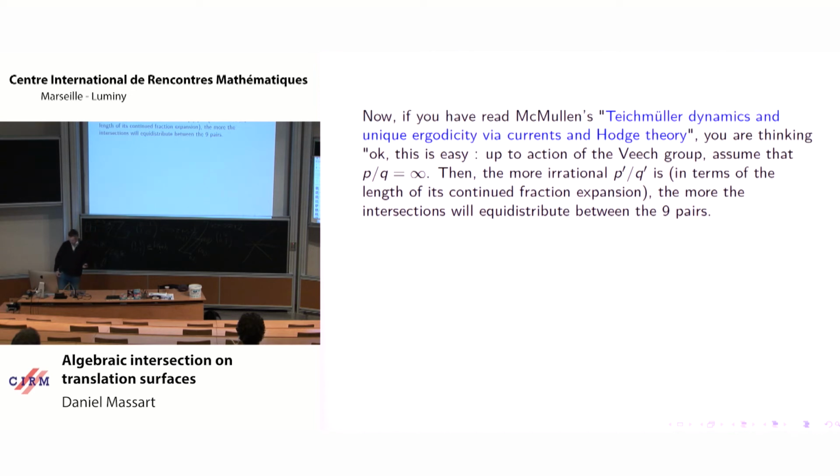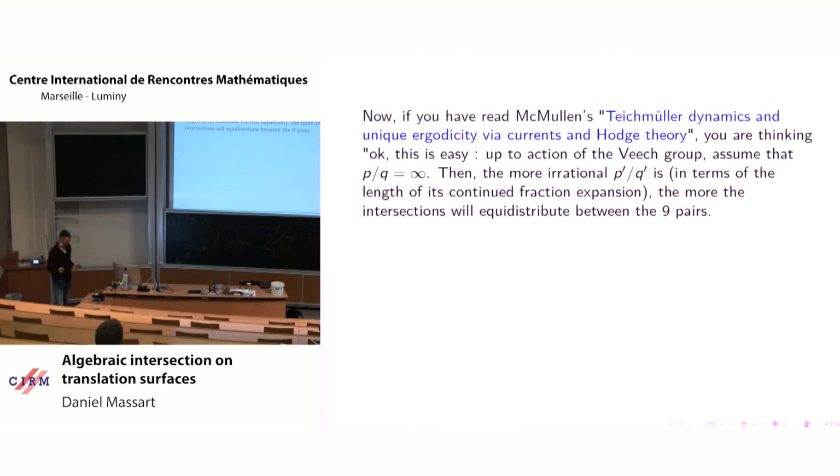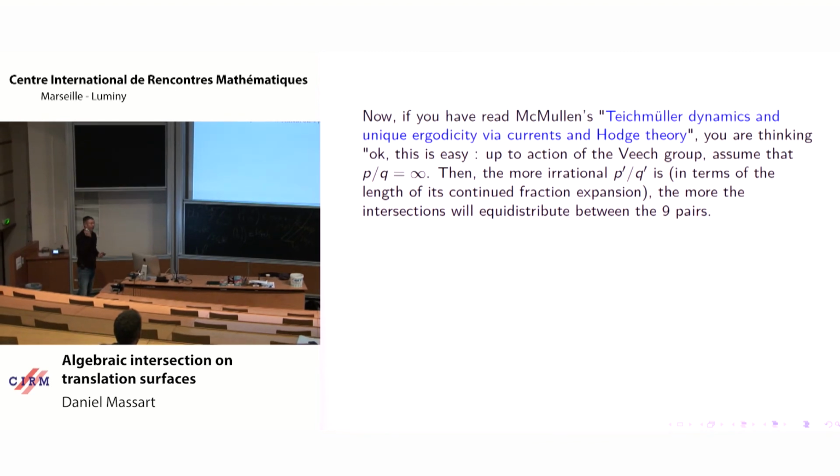So what McMullen proves, let me tell the whole story. 20 years ago, Veech proved that there is a special class of translation surfaces, which are called Veech surfaces, for which in some fixed direction, either all geodesics are equidistributed or they are all periodic.